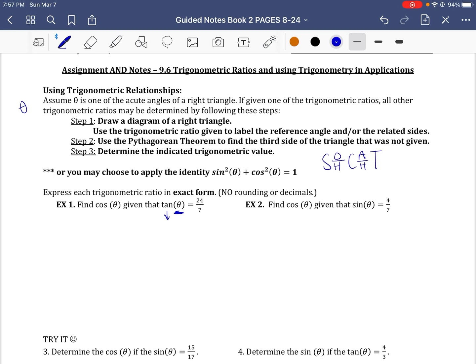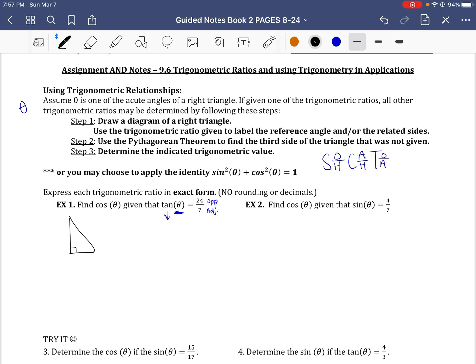SOHCAHTOA. Tangent relates two sides, the opposite and adjacent. So if this represents the opposite and this represents the adjacent, I already know the lengths of the two legs of a triangle. I'm going to draw a little picture, and this just helps when you're new to trigonometry to make sure that you can orient these.